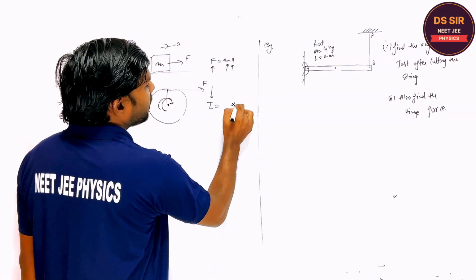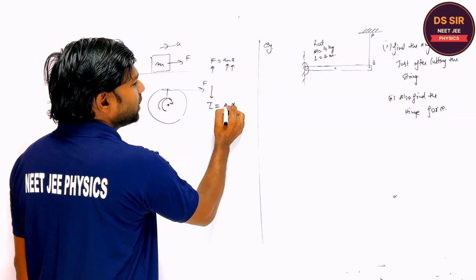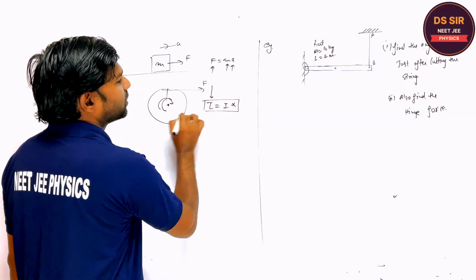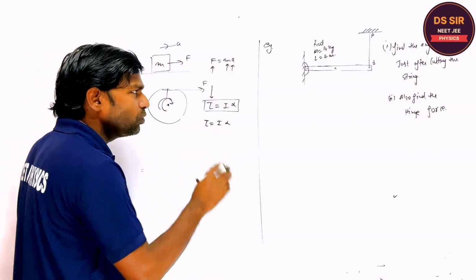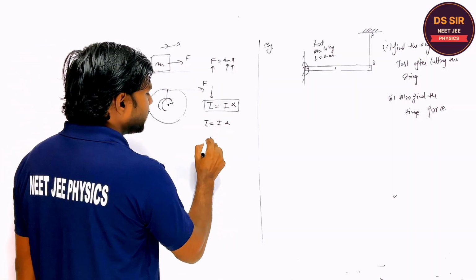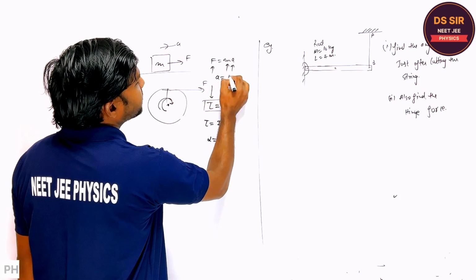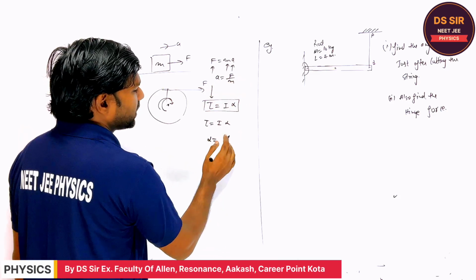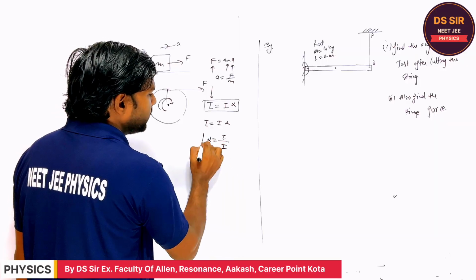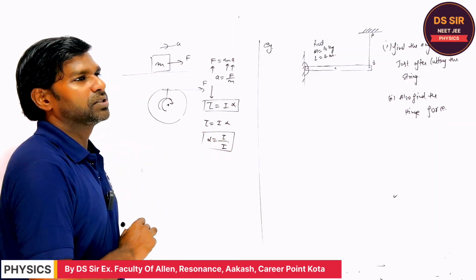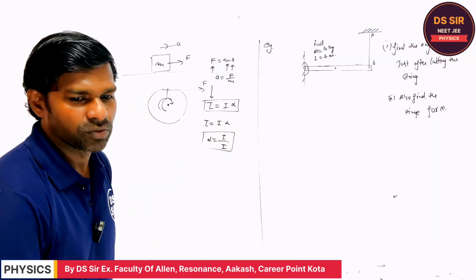The acceleration is alpha, and instead of the inertia, it is the moment of inertia. So torque is equal to I alpha. Whenever you want to find the angular acceleration, as in this case the acceleration is force divided by mass m, you have to find the net torque and divide by the moment of inertia, then the angular acceleration will be found.